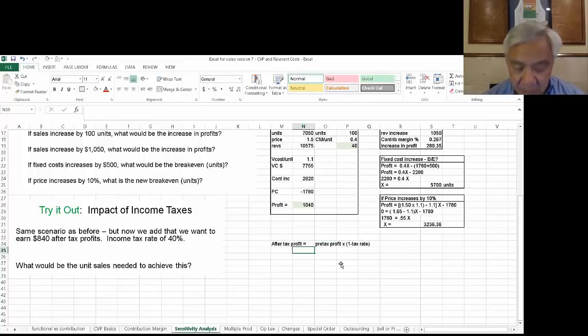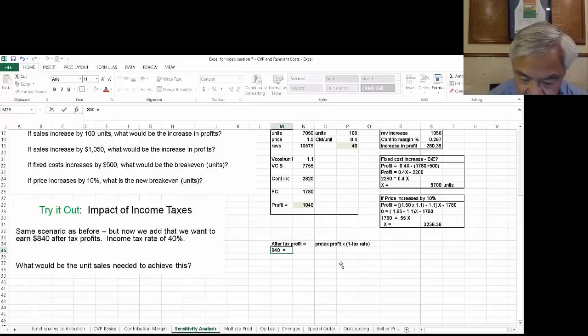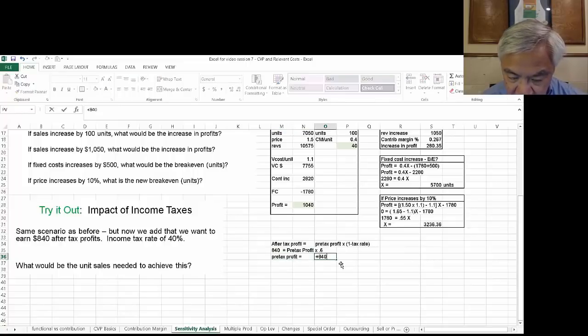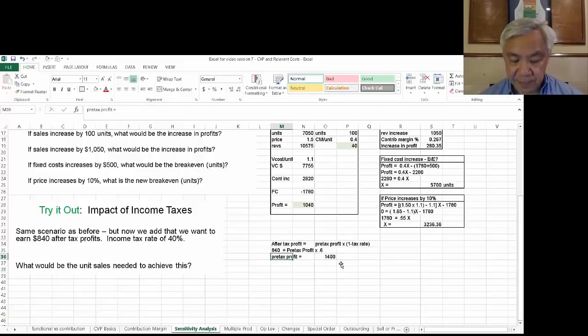All right, so let's put the numbers in. After-tax profit is 840 equals pre-tax, let's just call this pre-tax profit times 0.6. Pre-tax profit equals 840 divided by 0.6. So that's 1,400, and this is in dollars.